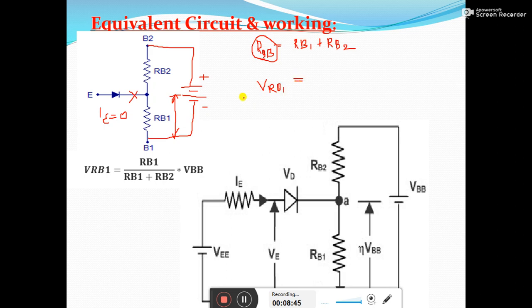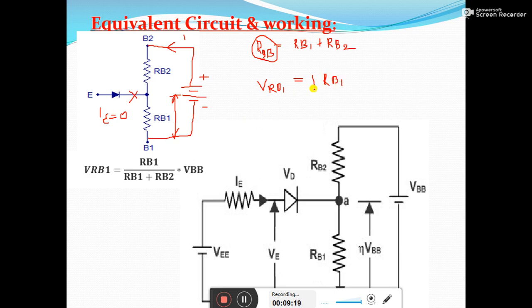As per Ohm's law, V is always equal to I into R, that is the current flowing through the resistance times the resistance value. Let's say I is the current that flows through RB2 and RB1. Then the voltage drop across RB1 will be I into RB1.